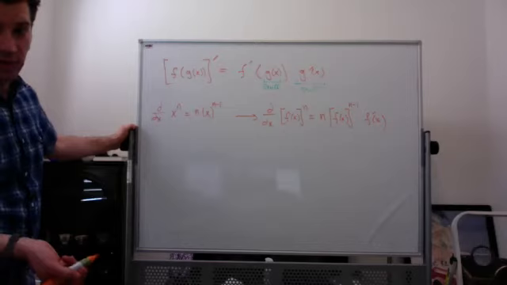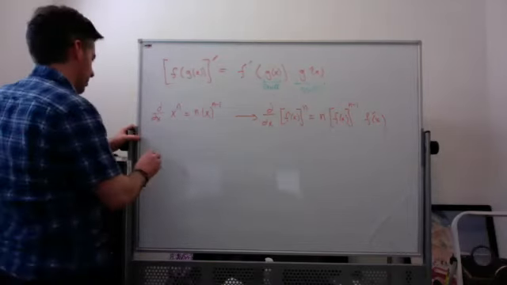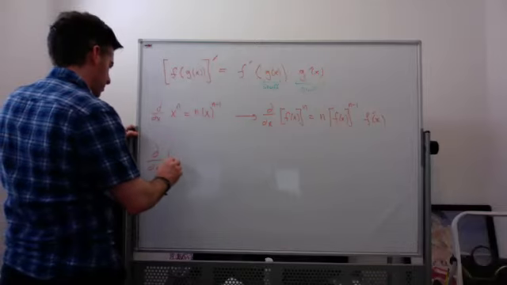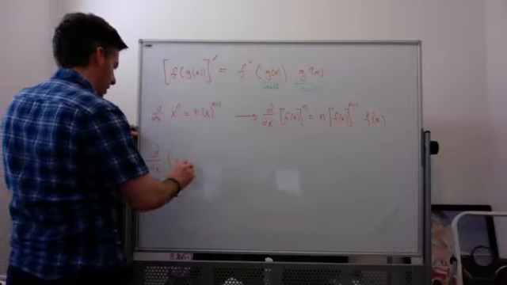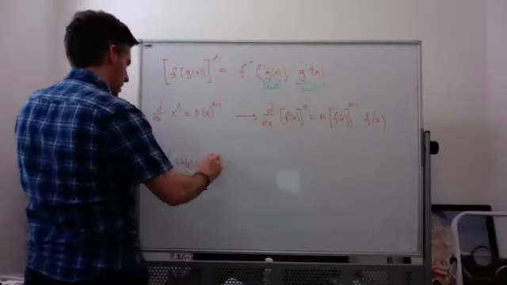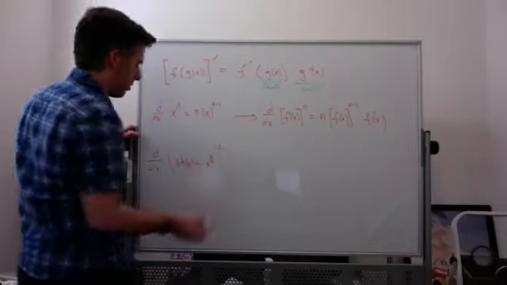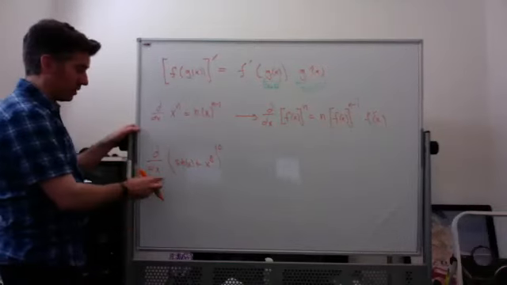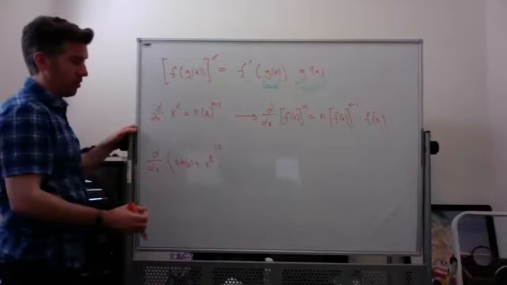An example of this, we've done a couple, but here's another. The derivative of, let's say, sine of x plus x to the 8th, all to the 10th power. Here's what I'm seeing: I've got some stuff to the 10th power.